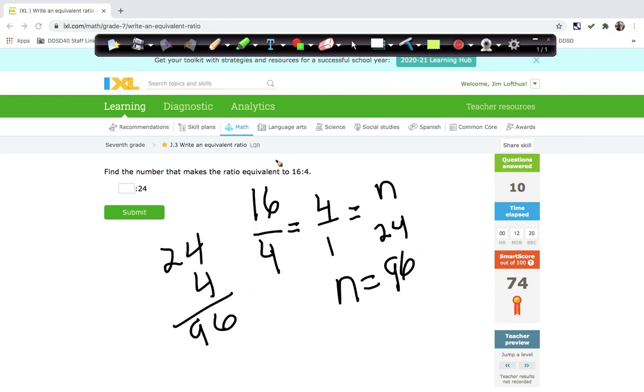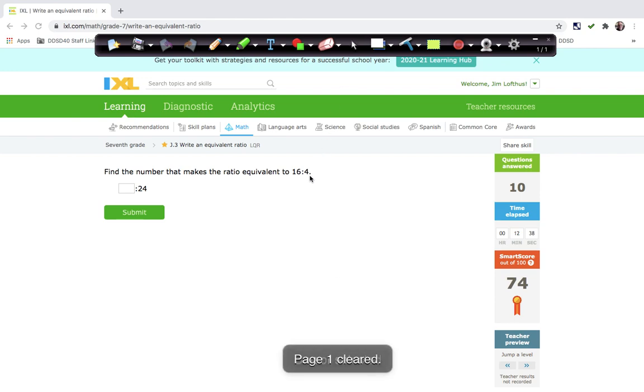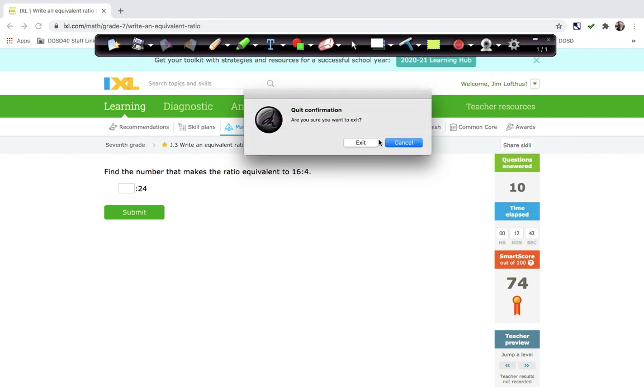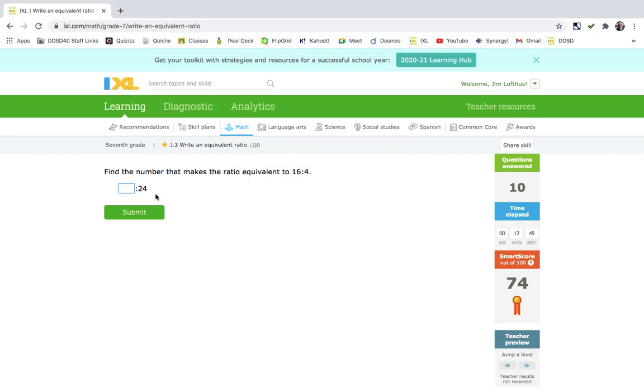So 96 to 24 is the same as 16 to 4. So 16 is 4 times as big as 4, and 96 is 4 times as big as 24. Has the same mathematical relationship. So let's put in 96 and see what our score is.